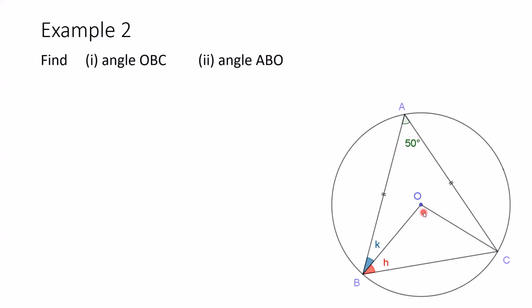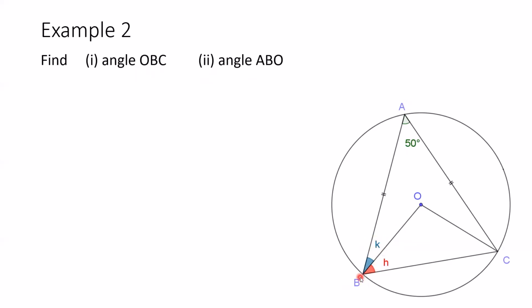This is for the first part, angle OBC, represented by H here, and second part, angle ABO, that is K. So for the first part, we need to look for H, and for the second part, we need to look for K.